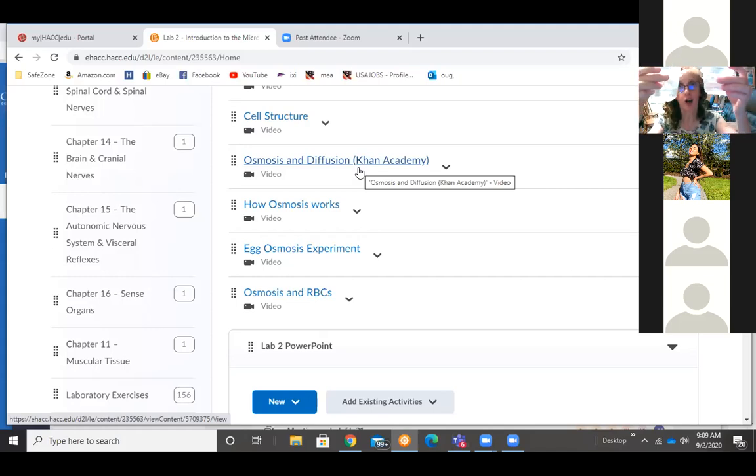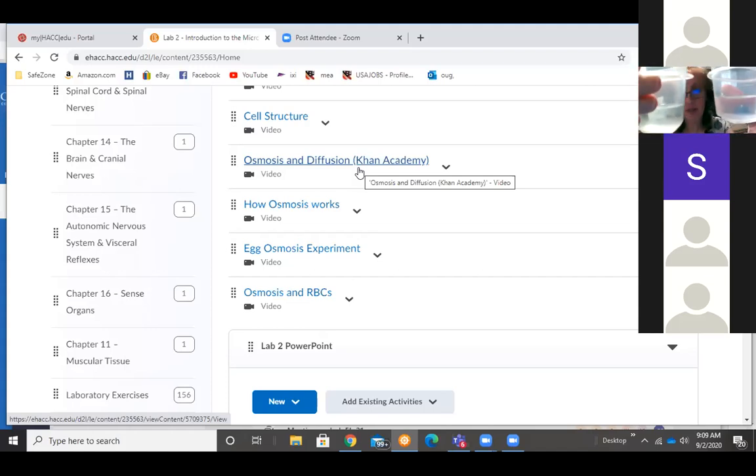Okay, so I have 2 containers here. Do you see the water in the containers? Yes. One of these containers contains 30% sugar.